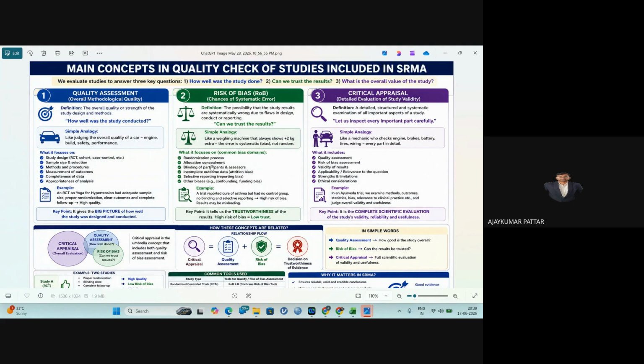Because bias may happen in many places: the randomization process, allocation process, blinding, incomplete outcome data, selective reporting, and other biases due to confounding and other things. Bias may enter into the trial. So whether the given result is due to bias or not, we will check with the ROB tools, risk of bias tools.